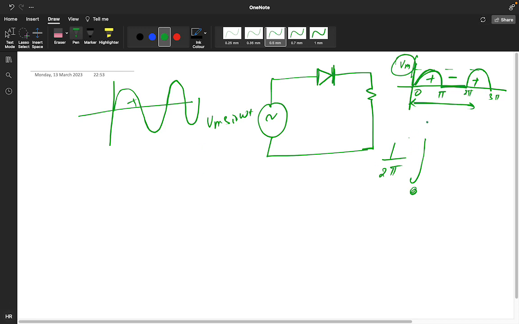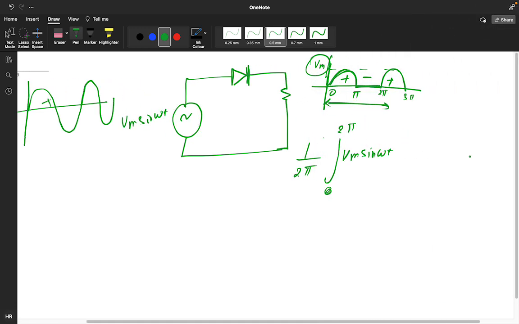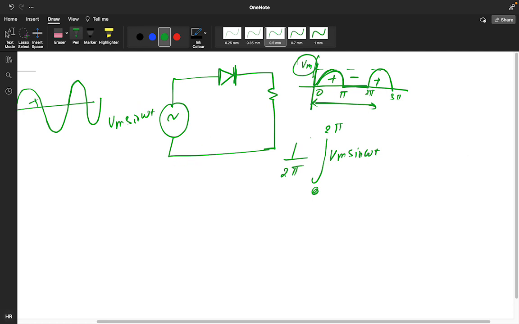I am taking it in terms of d omega t, because I have taken the time period as 2 pi, plus pi to 2 pi the signal will be 0, d omega t.